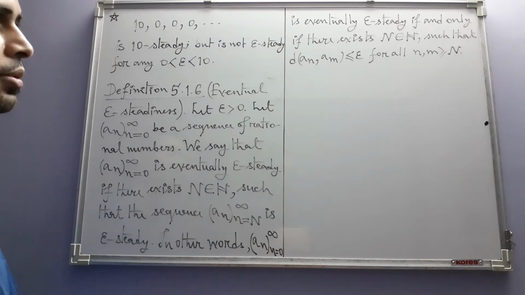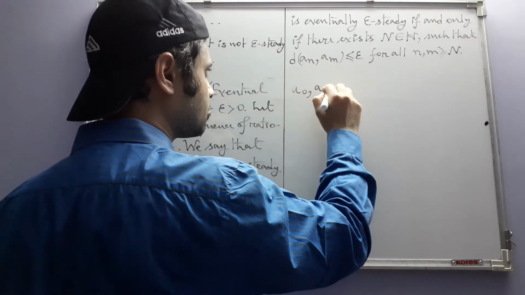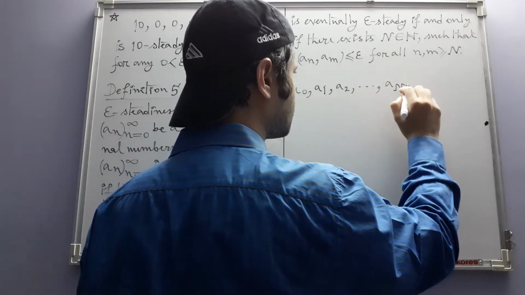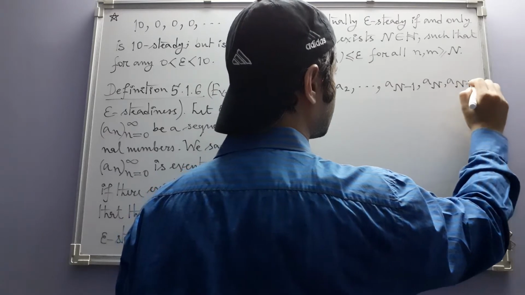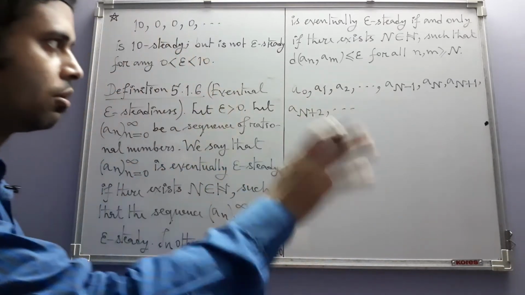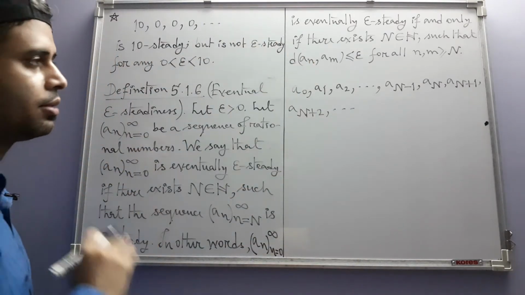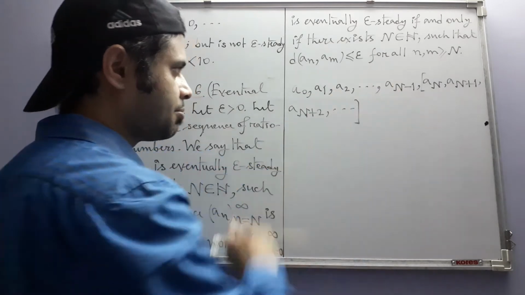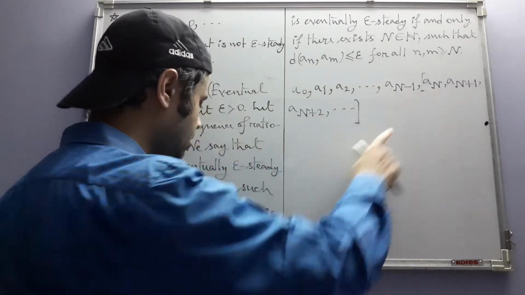More loosely, if this is your original sequence, the terms go on like this without any end, then eventual epsilon steadiness of the whole sequence means epsilon steadiness of this part. If you neglect this first capital N number of terms, then you are left with a sequence which starts from here, that is this sequence.